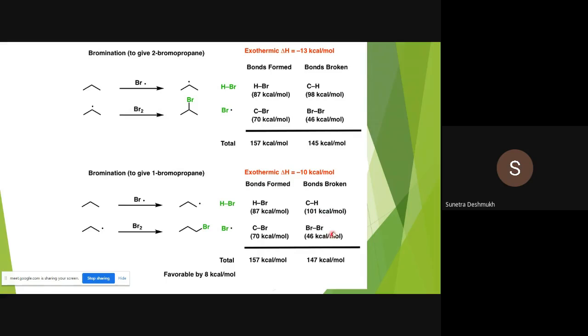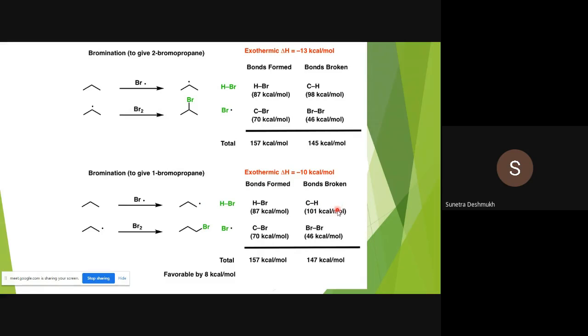And then, the bond breaking for the primary halide: to generate the primary radical, we have to break the C-H bond from the terminal methyl group.